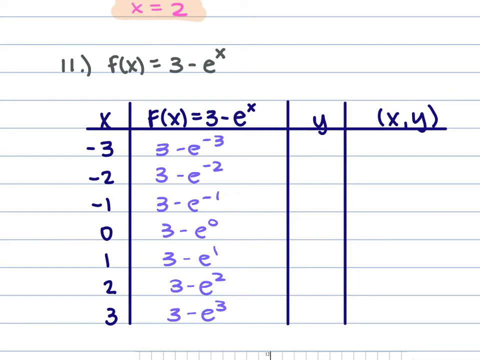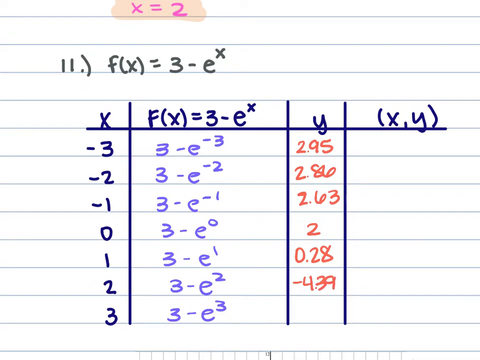So 3 minus e to the negative third is 2.95. 3 minus e to the negative second is 2.86. 3 minus e to the negative first is 2.63. 3 minus 1 is 2. 3 minus e to the first is 0.28. 3 minus e to the second is negative 4.39.